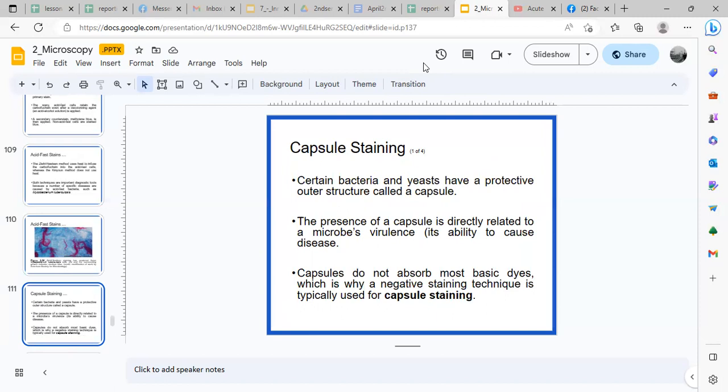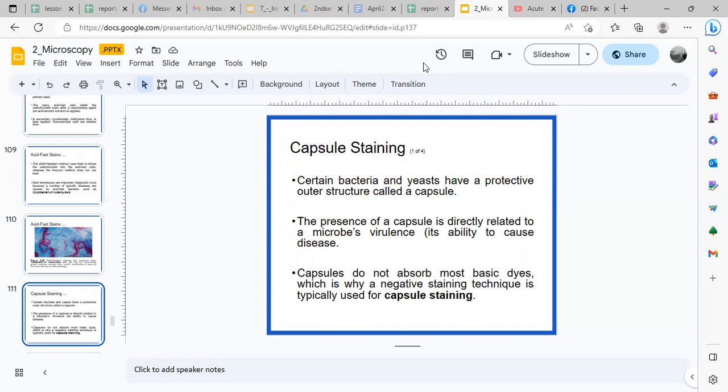Okay, so there are organisms that, instead of cell walls, have capsules. You can use the presence of the capsule to absorb the dye. These capsules also protect the organism.